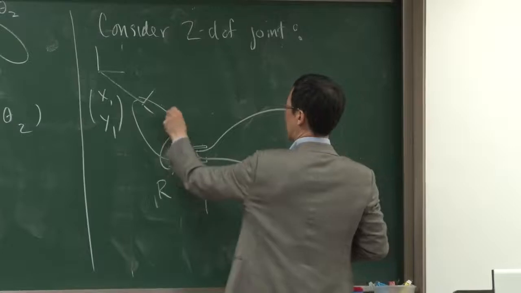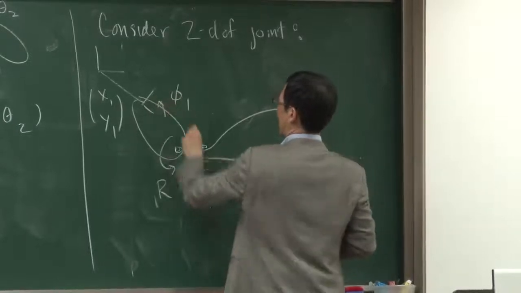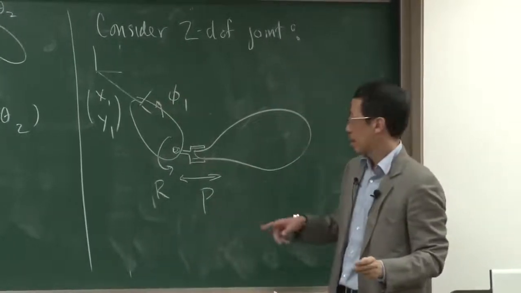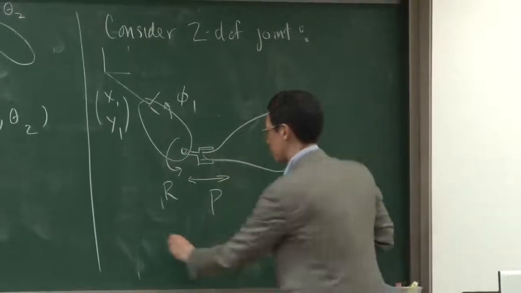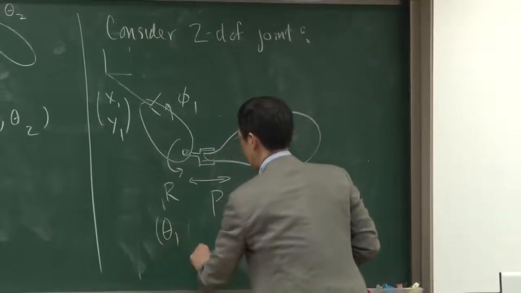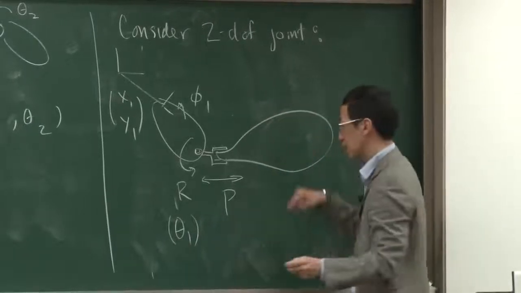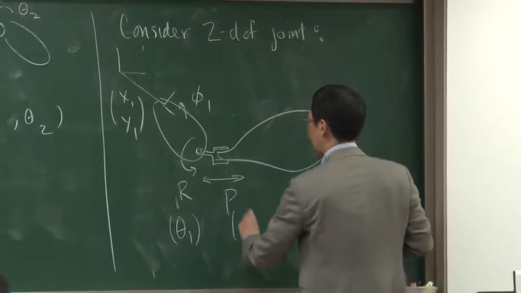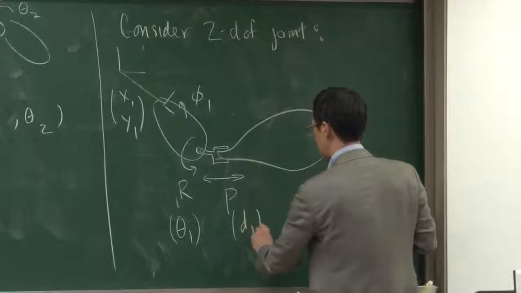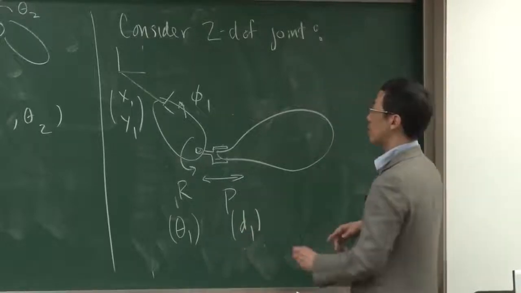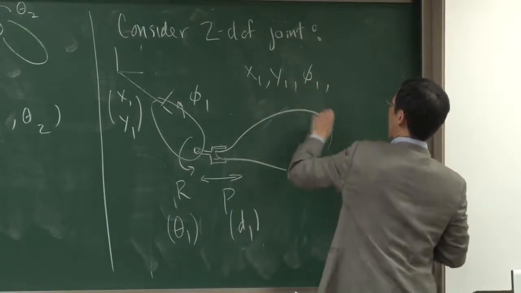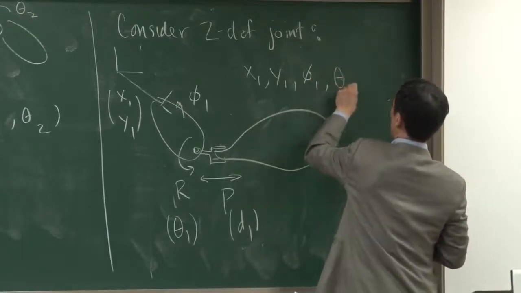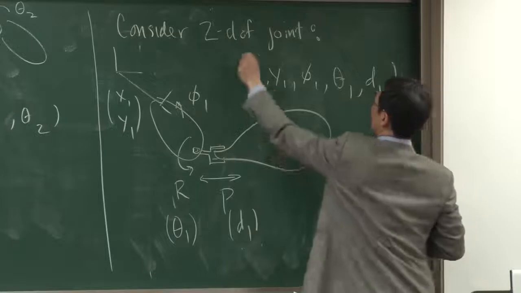We also need the angle phi1. But now if we know the values of the joint angles R, call this theta 1, and P, call it D1, then we need 5 coordinates: x1, y1, phi1, theta 1, D1.